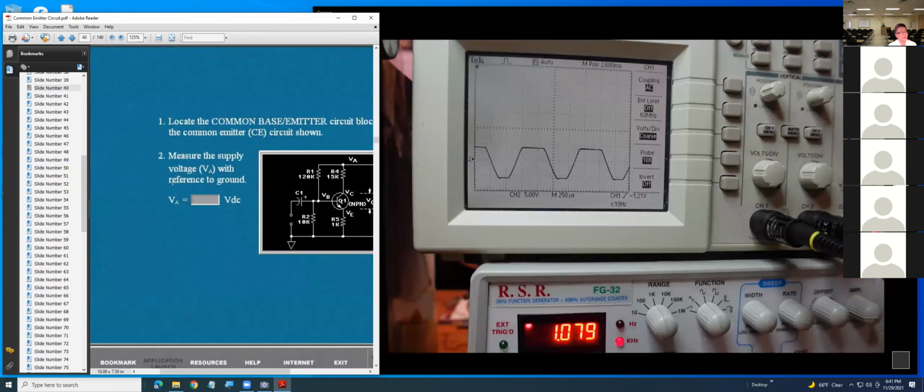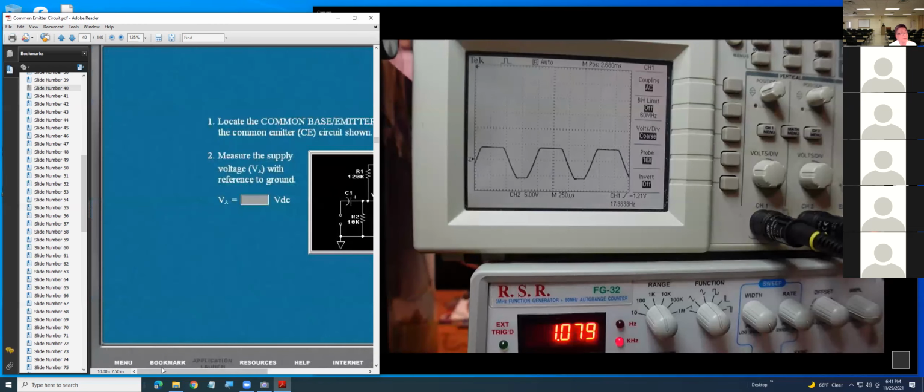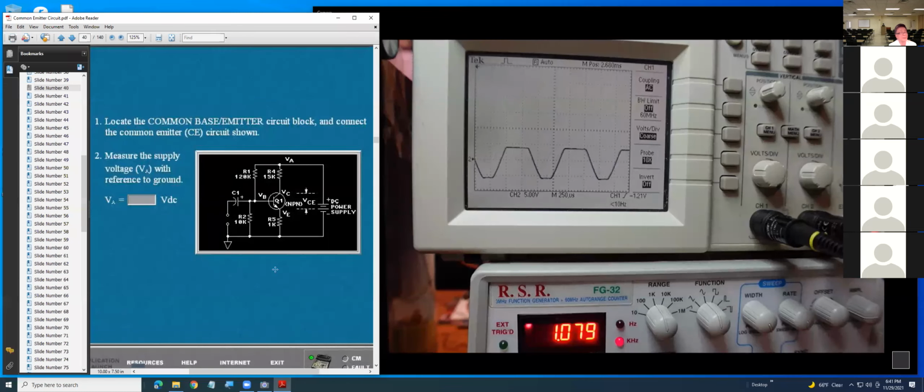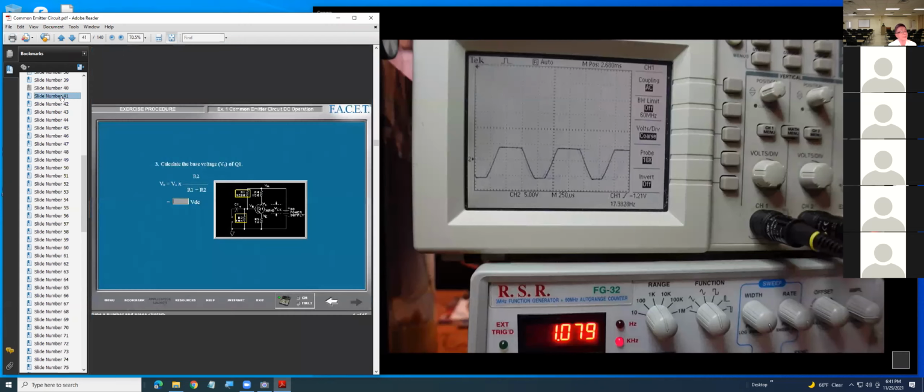Okay, so they want to measure the VA. That means the power voltage, at the output of the DC voltage. And they're already telling you they want 15 volt. Then you can get 15 volt.